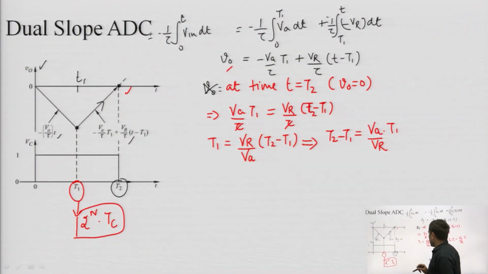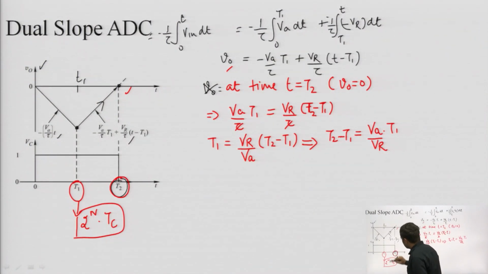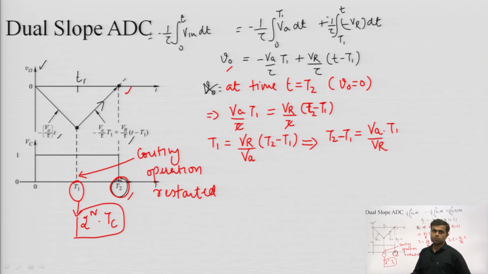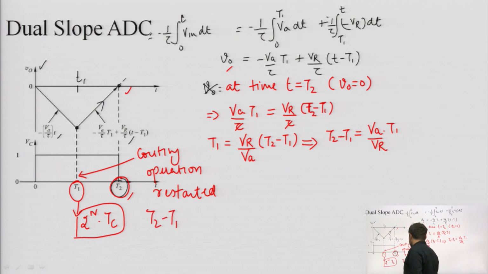And from this time t1, the counter operation has restarted, and till that time t2, let's suppose n pulses would have been counted.